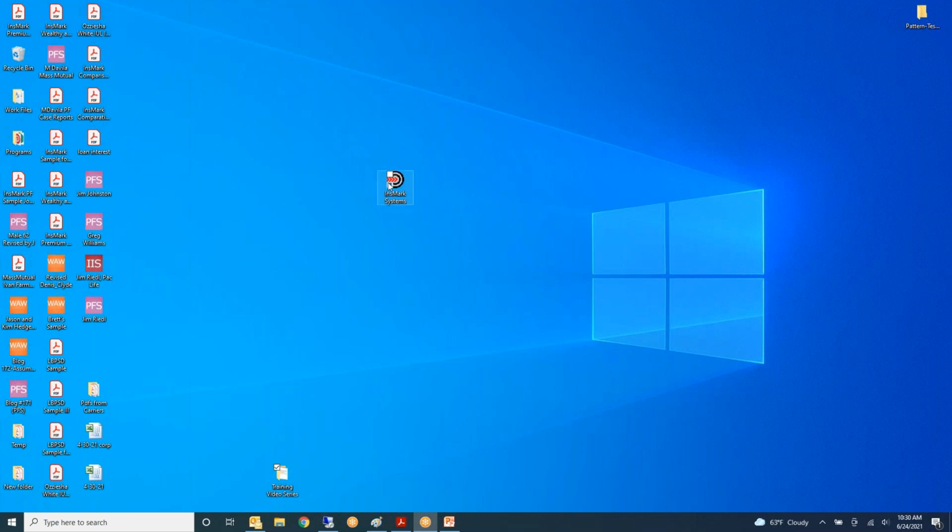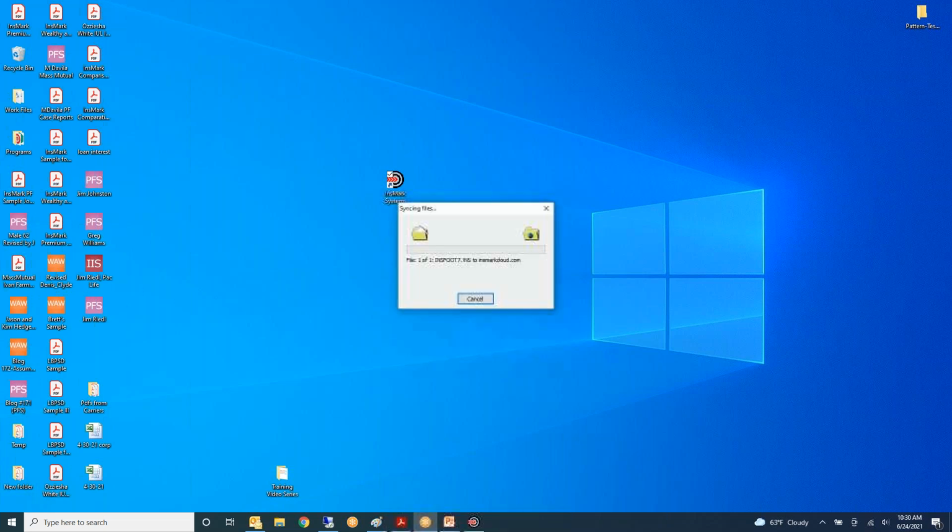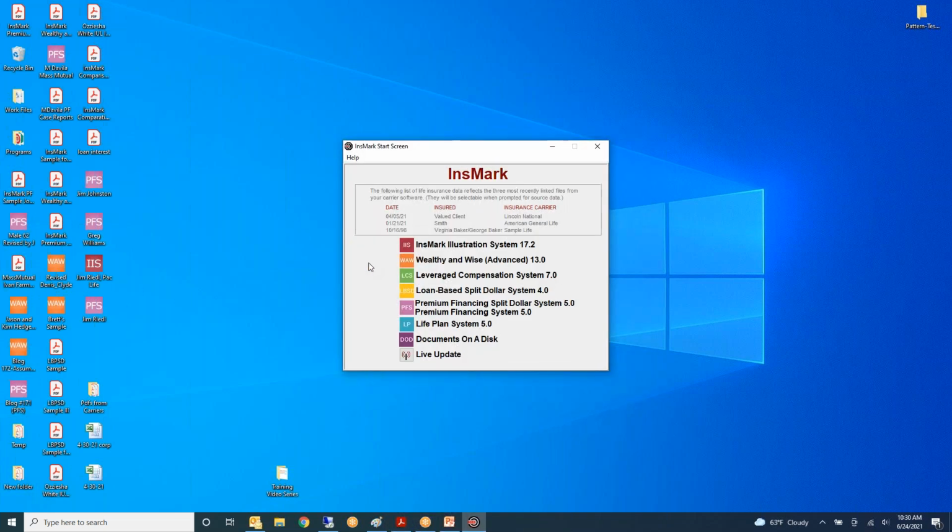So you launch the InSmart system from this shortcut, which is an icon on the computer desktop. So the program that will be used is the premium financing system.